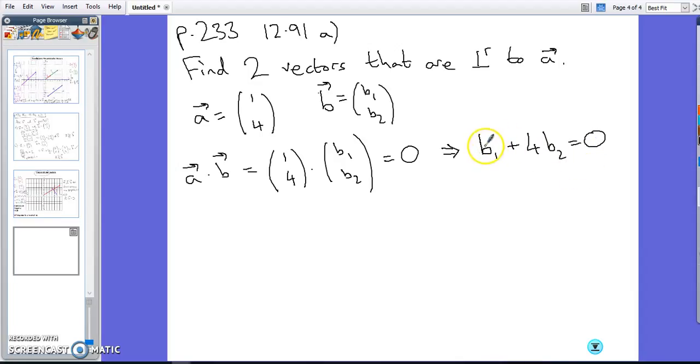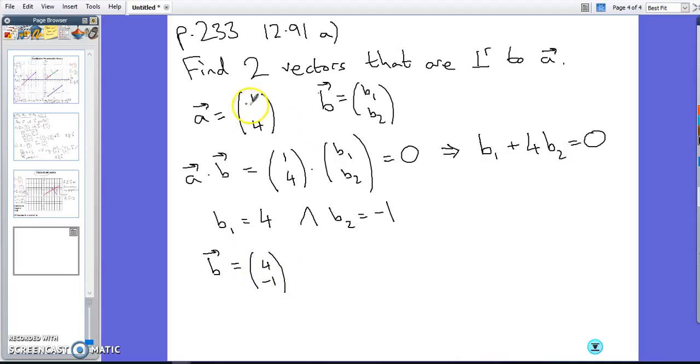And you could pick any B1 and B2 that satisfy this equation for this exercise. If you put in B1 as 4 and B2 as -1, then that would work. So we could have vector B as being (4, -1).